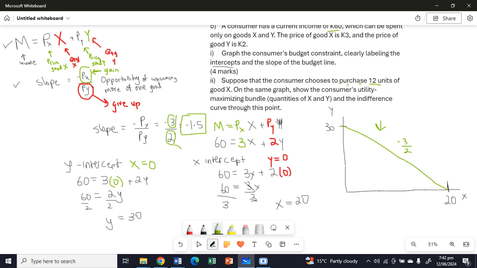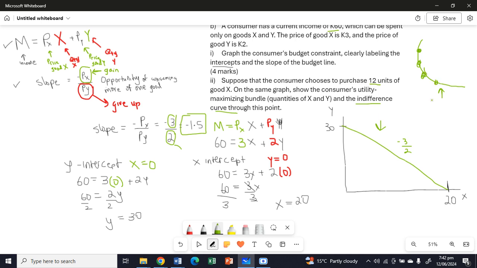Okay, then an indifference curve. An indifference curve is a curved line like this. It shows the combinations of goods that you can get while having the same satisfaction, right? This indifference curve represents satisfaction, and any point along this indifference curve is going to give you the same satisfaction.